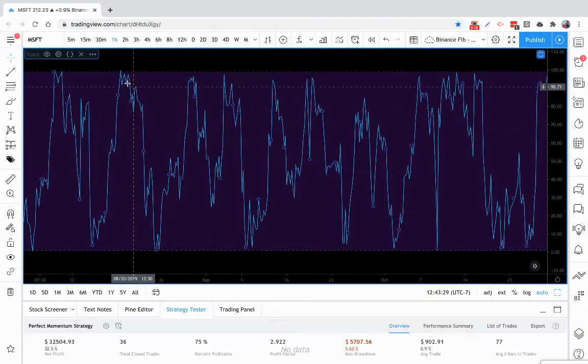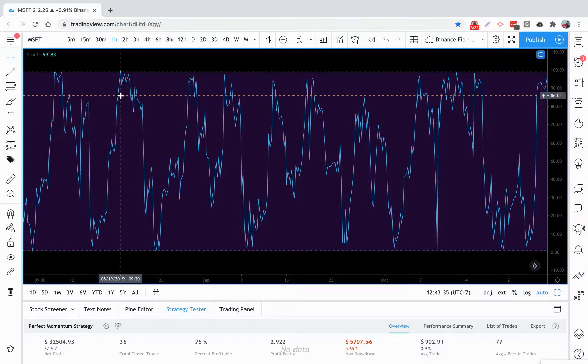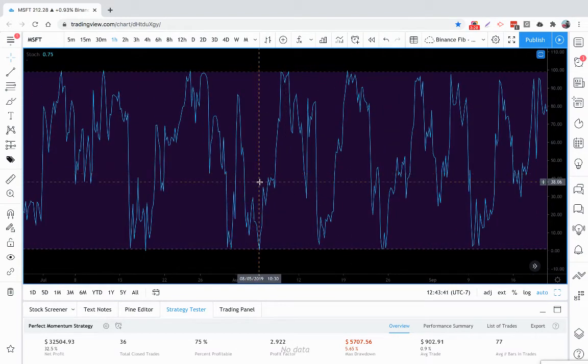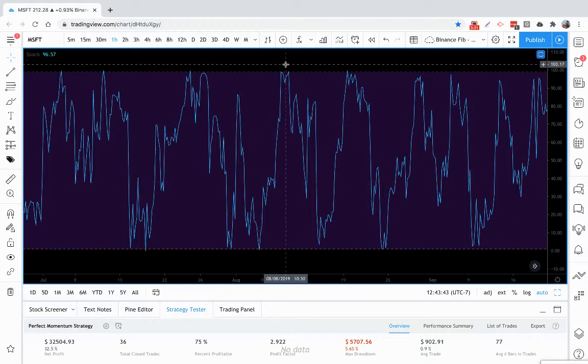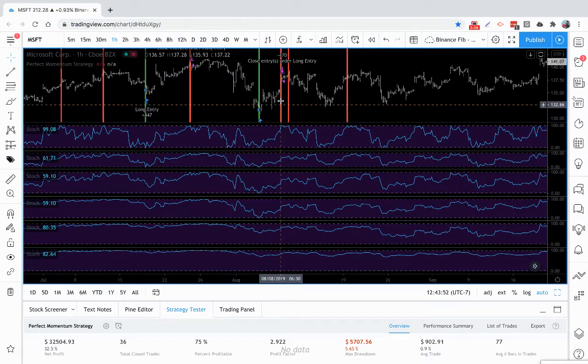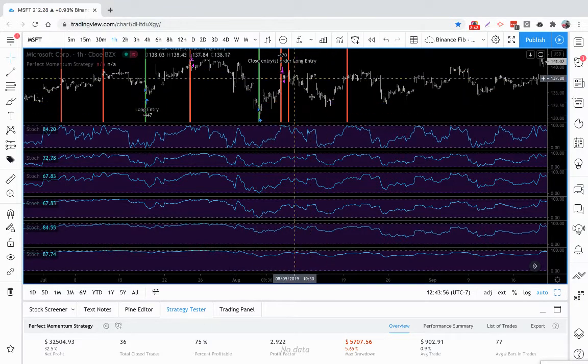And you can see when it goes above the 99 threshold level here, above 99, and below, let's find one that goes below 1, here for example. And what you can see on the chart is that when that happens, we have a long entry. When it goes above 99 here, we have a long exit and a short entry. So it's very simple the way it's working.